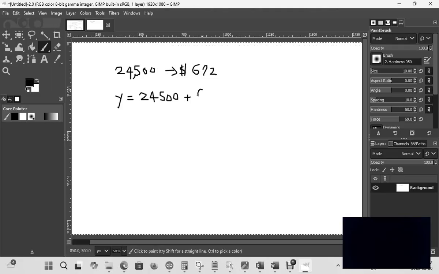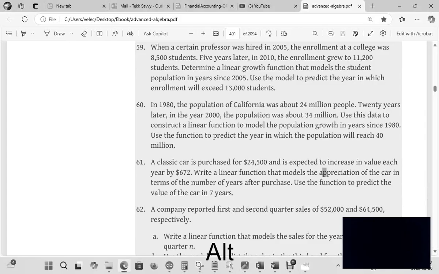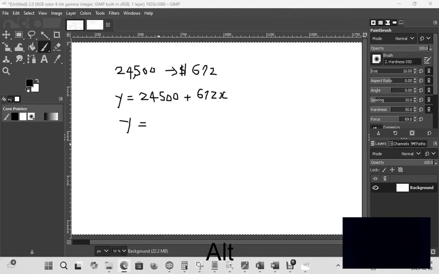So 672x. X stands for number of years. So we know that Y equals 24,500, and we need to figure out what the value of the car will be after 7 years.